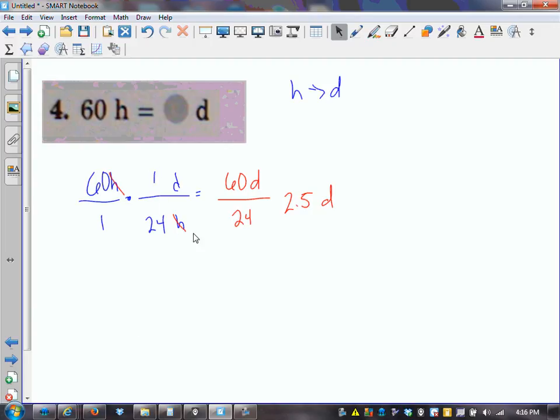Then we can cancel our hours. We changed hours to days. We already got there. And so 60 times 1 is 60 days, because that's the only thing left on top. And 1 times 24 is 24. And then I actually complete this division problem. 60 divided by 24 is 2.5 days.